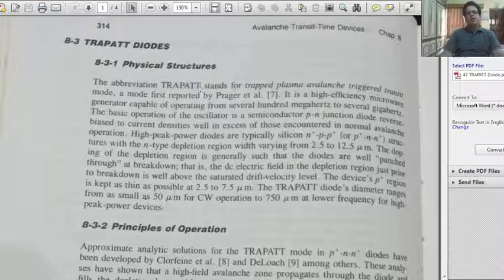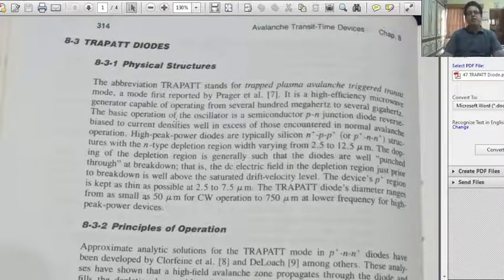It is a mode first reported by a scientist group, Prager et al. It is a high efficiency microwave generator, capable of operating from several hundred megahertz to several gigahertz.